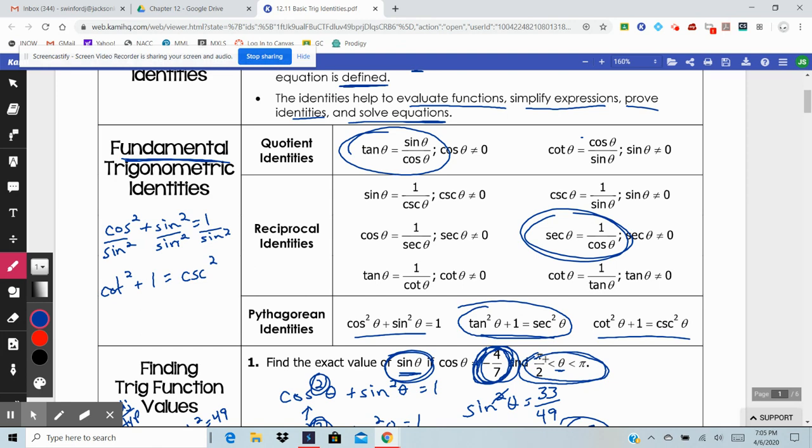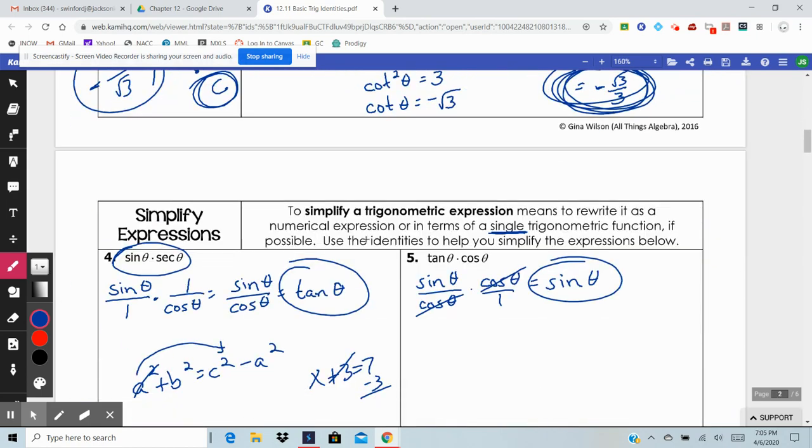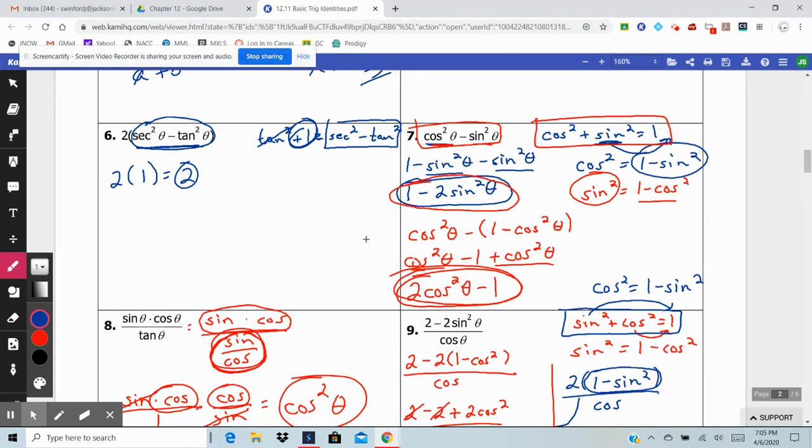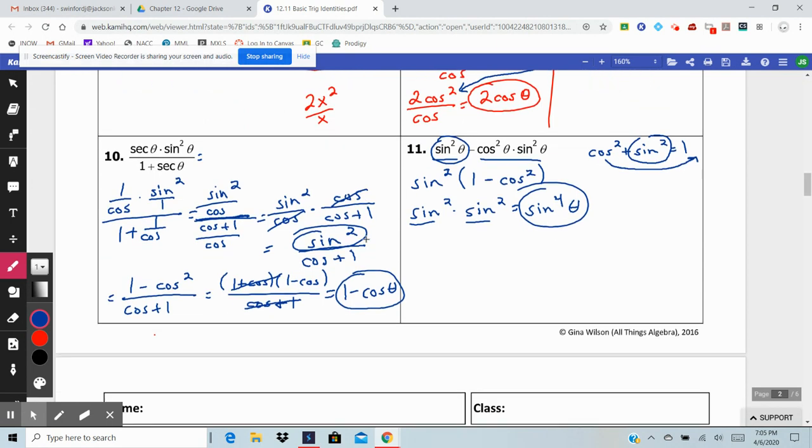There are hundreds of thousands of identities out there, but these are the basic ones. There are other identities that we're going to learn throughout the next few lessons that you can actually use to simplify these and clean them up. So just because your answer doesn't look identical to mine, if you've cleaned it up, it looks good.